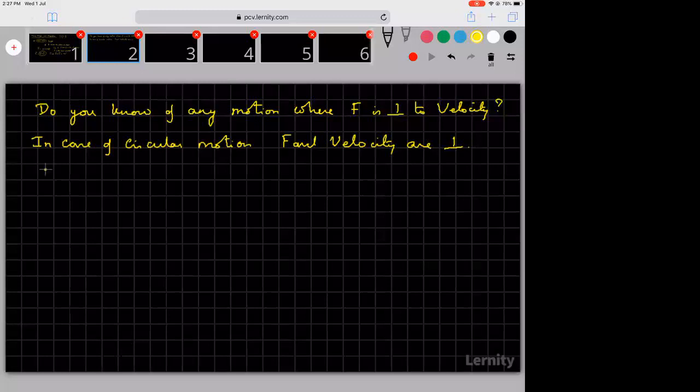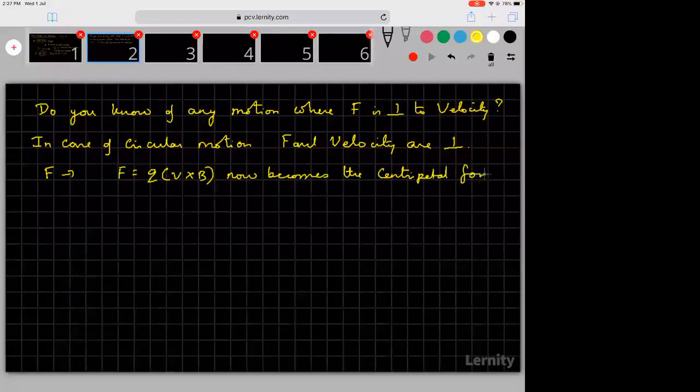So this force that we are talking of, which is equal to Q into V cross B, now becomes the centripetal force. Centripetal force is a force which is acting towards the center.